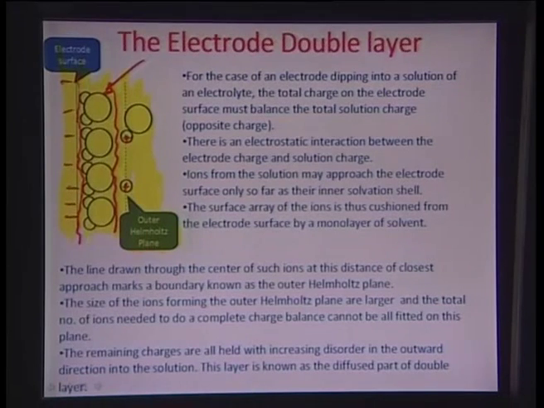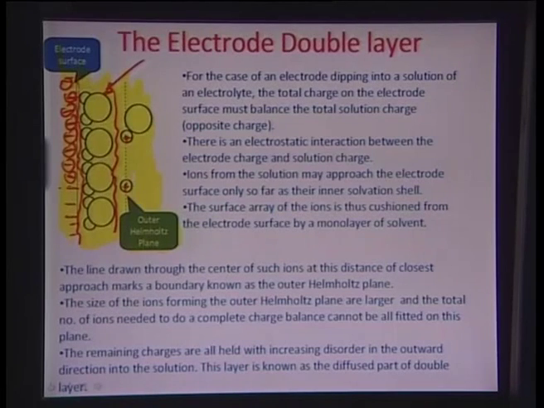The electrons on the surface are densely located, and they create a dense amount of charge because of their smaller sizes. The electrons are always smaller in size than the corresponding metallic ion in the solution.